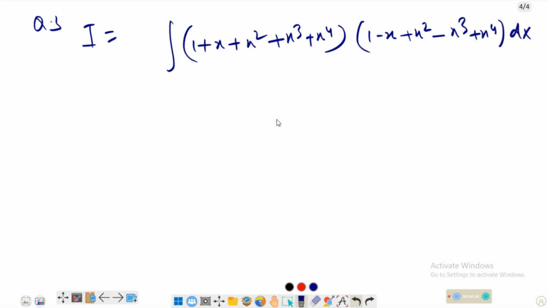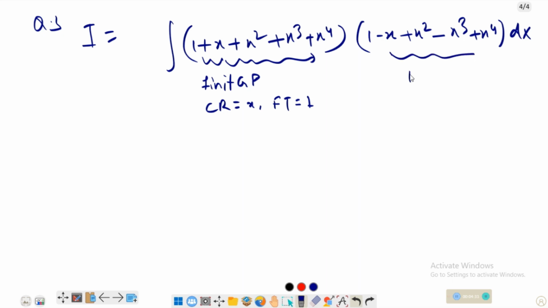So there is a finite series, a finite GP, geometric progression, with common ratio x and first term equal to 1. This is also a finite GP whose common ratio is equal to minus x, and first term is equal to 1.